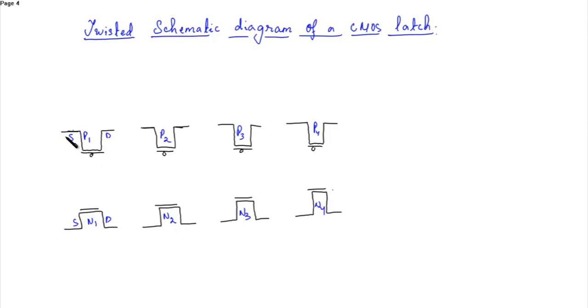So this is transmission gate 1. So first you will connect the sources, then the drains. Similarly, the sources over here, drain here. Okay. These two are the inverters that we'll see later on.